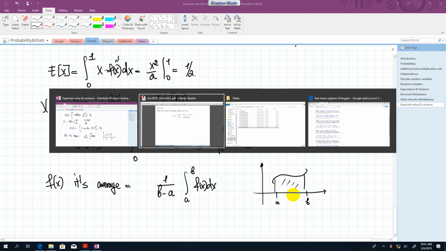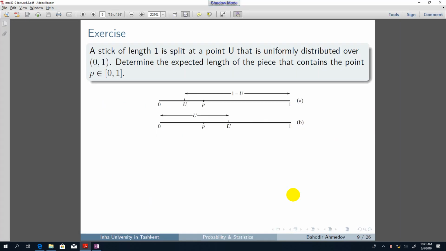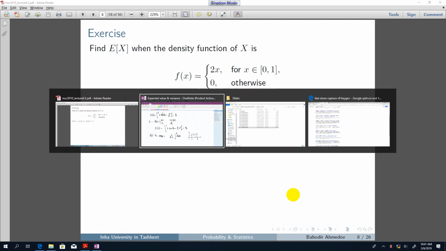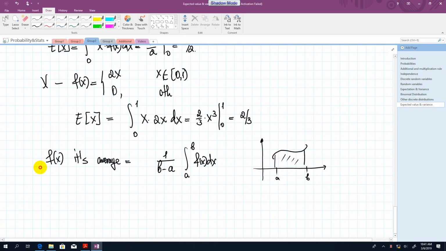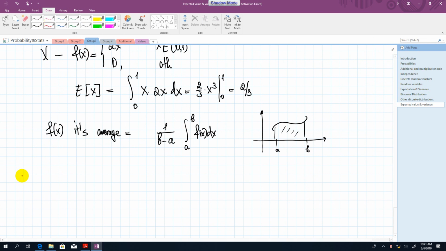So analogously, what do I need to do in order to calculate the variance? If I would like to calculate the variance in a discrete case, by the definition, it was the expectation of x minus expectation of x, squared, right?